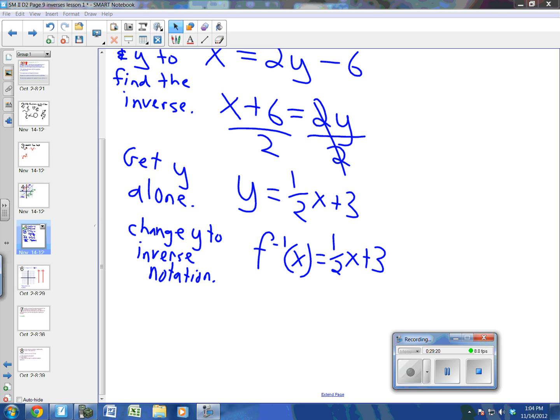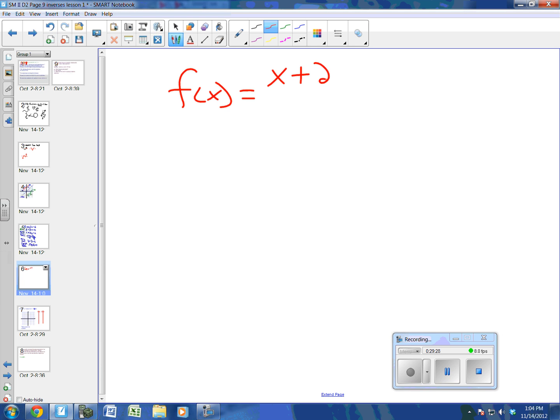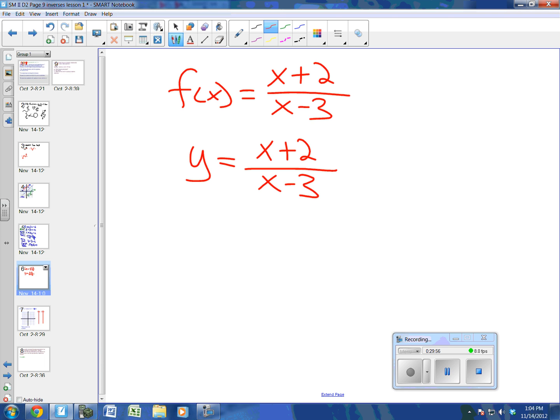Okay, we're going to do another one. This one, you guys, is a rational function. These are a lot more difficult. If I'm going to do this one right here, we're going to follow the same steps.